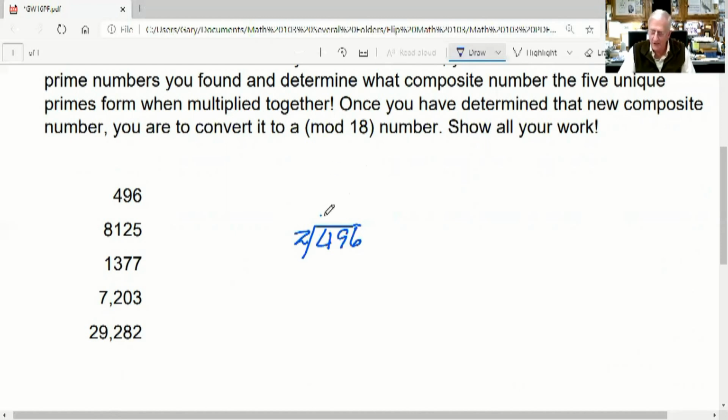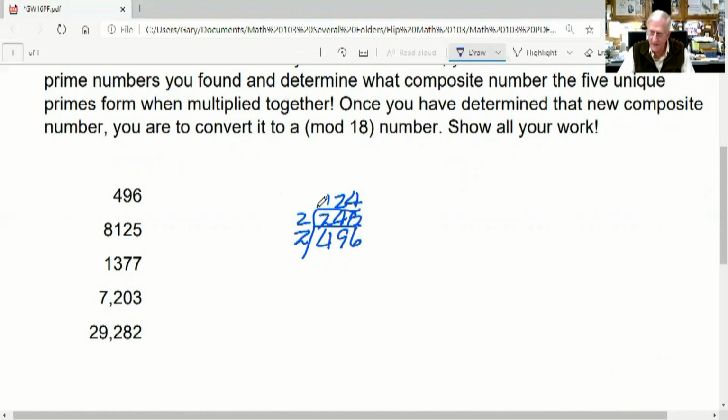So write that down on your paper, 248. Well, that's still even, right? So we can divide it by 2 also. So it looks like the numbers that are going to be the same in this prime factorization, 4 numbers that are going to be the same are going to be 2's, right? So if I take 248 and I divide it by 2, I obtain 124.